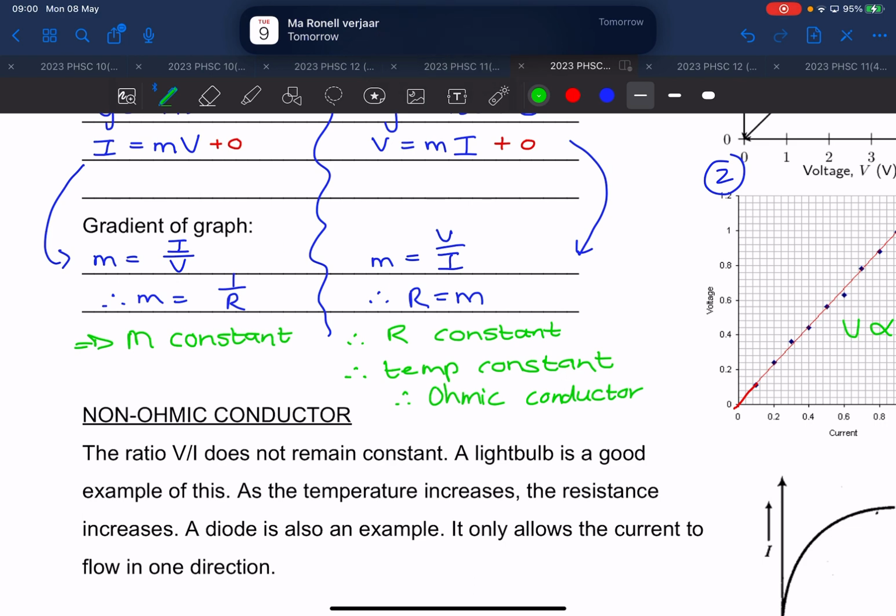When we have a circuit and we connect it, then after a while, this will become warm, the wires will become warm, so our temperature does not stay constant.